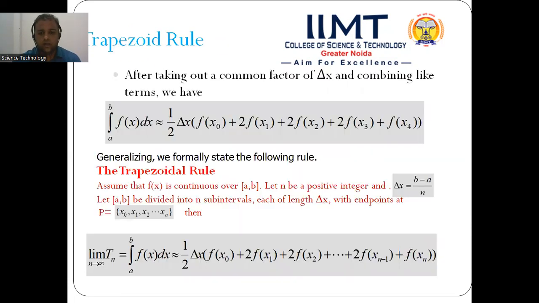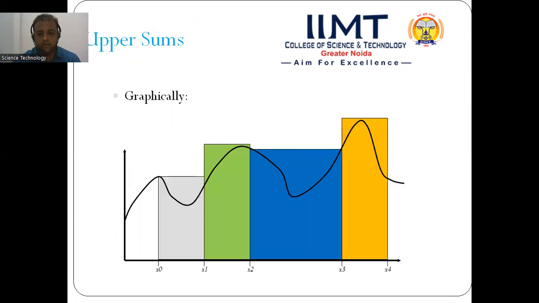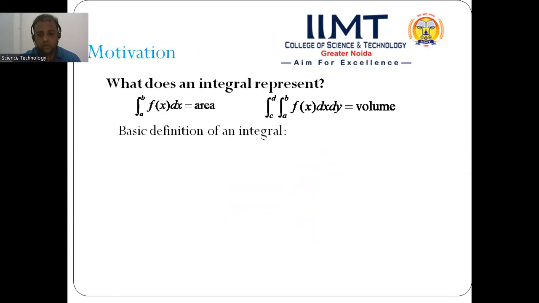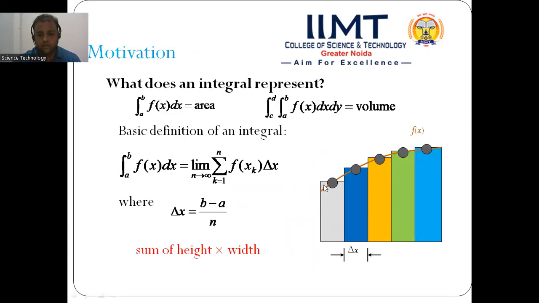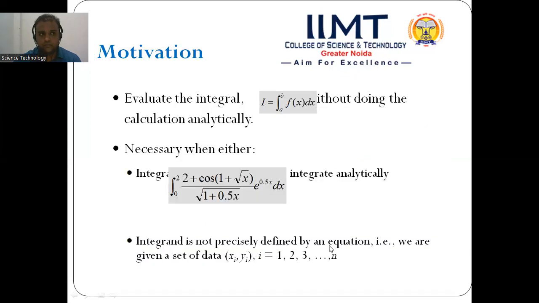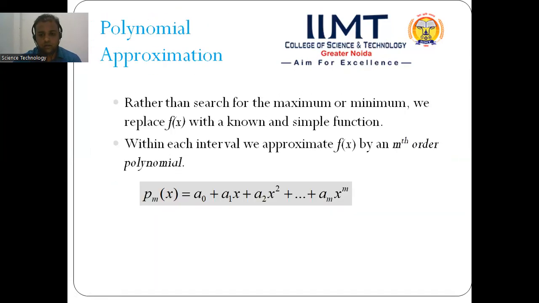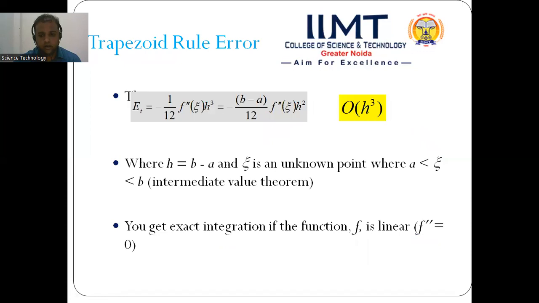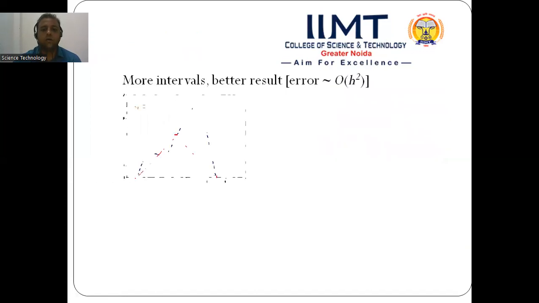So in the starting case, we have discussed the midpoint. Here we have to find the midpoint of the interval x0 to x1, and the function value at that point will produce the height, and the difference is the width. That produces the area of a rectangle, which is called the midpoint rule.